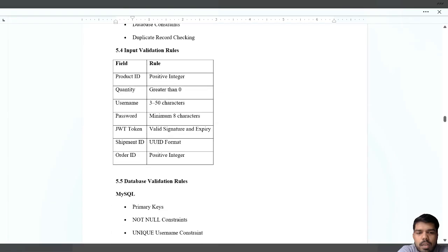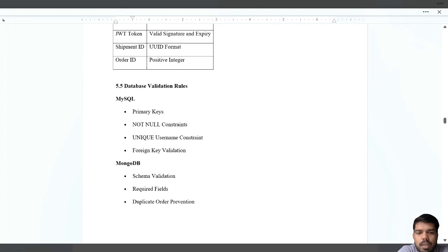Going to the input validation rules, these validation rules ensure that only correct and secure data enters the system. Product ID and order ID must be positive integers, quantity must be greater than 0, username must be between 3 to 50 characters, password requires at least 8 characters, JWT token must be valid and not expired, and shipment ID must follow the UUID format.